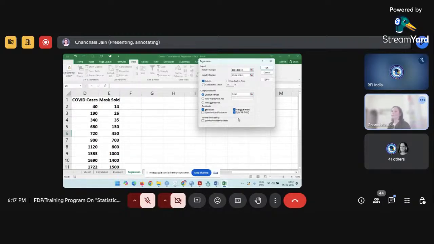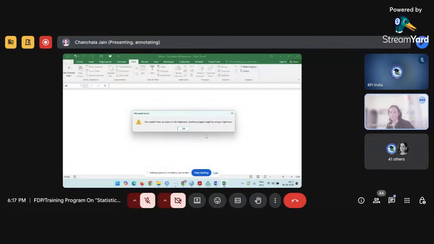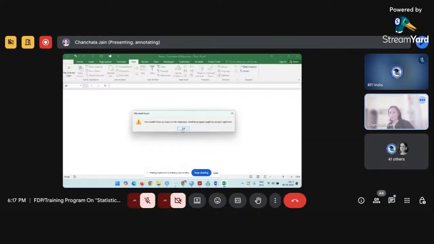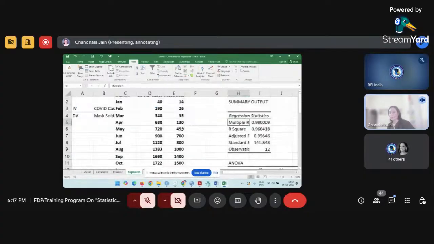Everyone okay? Yes, ma'am. Then if you want to see the normal probability plot also, you can select this and then click on OK. Got it, everyone?